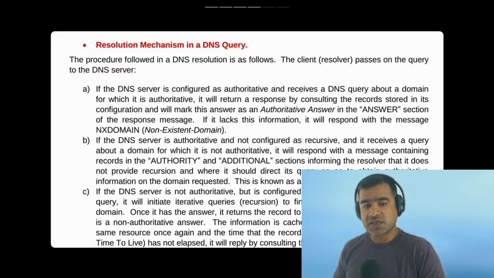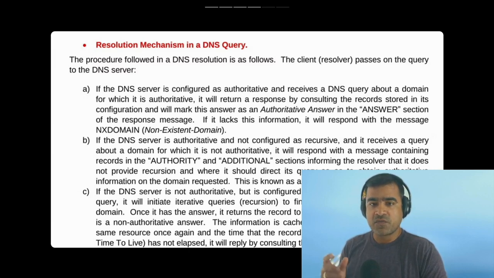You will see many a time, especially the top level domain servers or root servers, they are not considered recursive, because if they start doing recursion, it will be too much work for them. So they are never recursive, and hence they only respond with where you can go to get the information. Like if you're asking for some .com or .org, it can point you to the designated or authoritative name server for that domain, and that response is called a referral response.